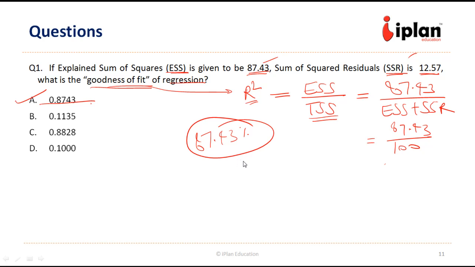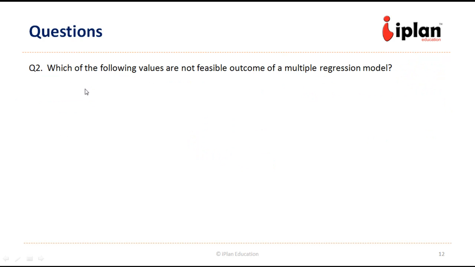Let us look at question number 2. It says, which of the following values are not a feasible outcome of a multiple regression model? Let us look at the values. Option A says R square is 85% and adjusted R square is 81%. That could be true. Adjusted R square could be less than R square. We have seen the formula. Even in this case, it is possible.